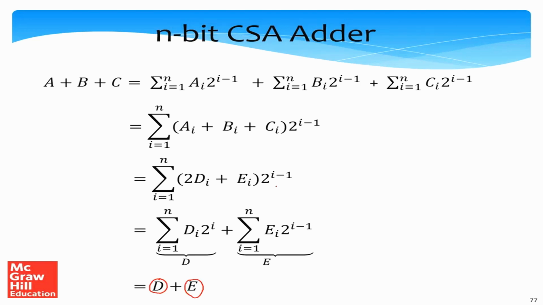So let us express A as a sum of its bits. Any number A can be expressed as follows: let the bits in A be A1 to AN, so let the number A be AN to A1.